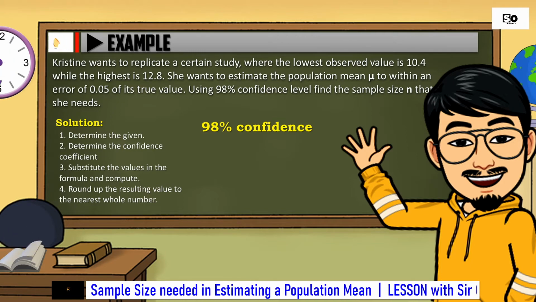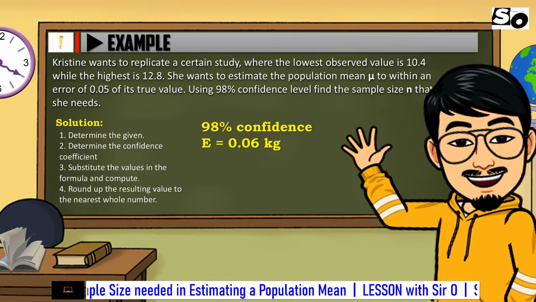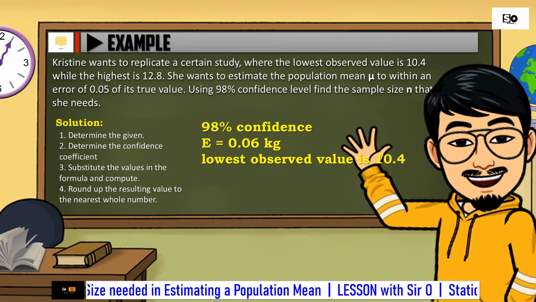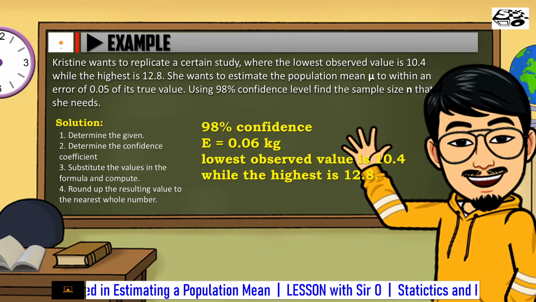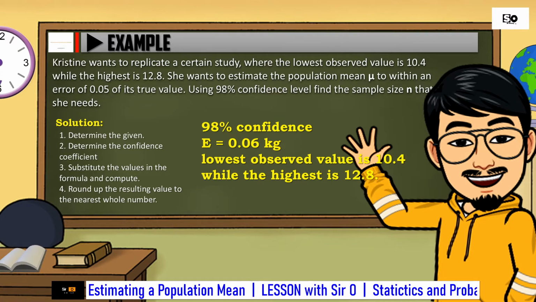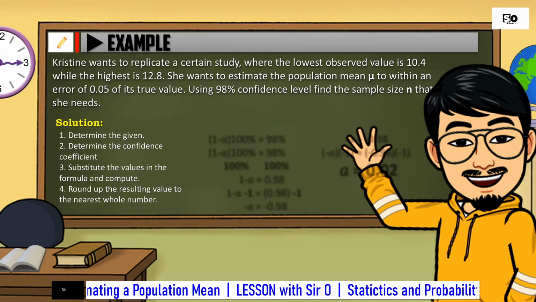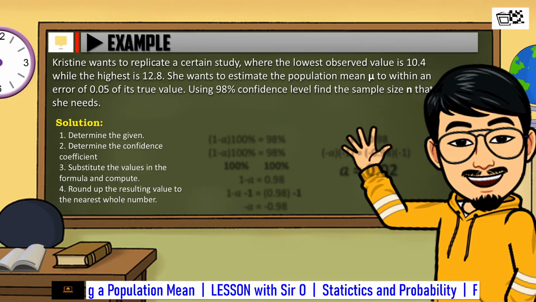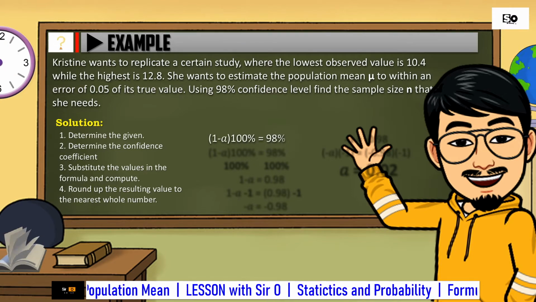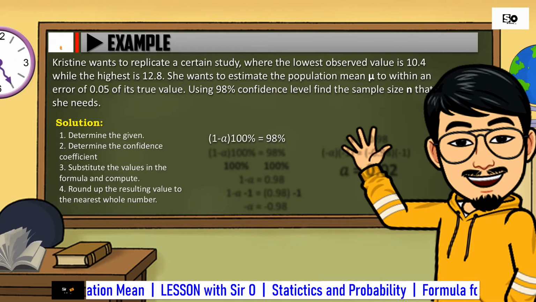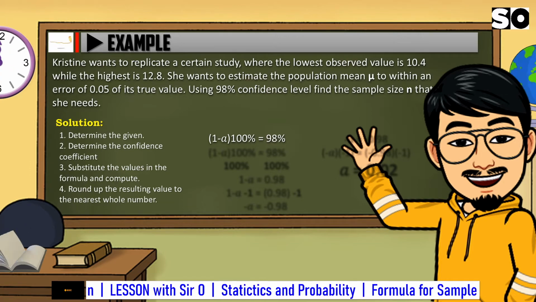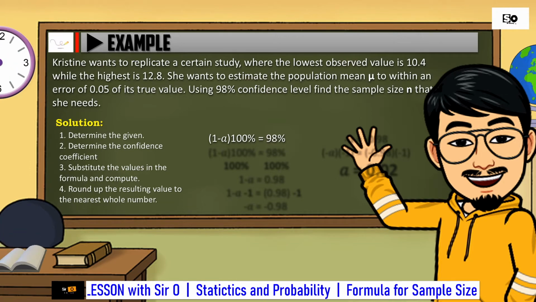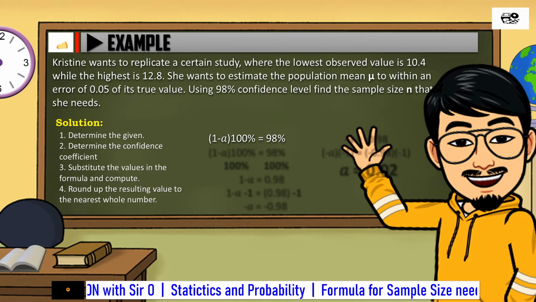Given 98% confidence, error of 0.05, lowest observed value is 10.4, while the highest is 12.8. Next is to determine the confidence coefficient using the formula quantity of 1 minus alpha multiplied by 100% is equal to 98%, wherein the 98% is the given confidence level.